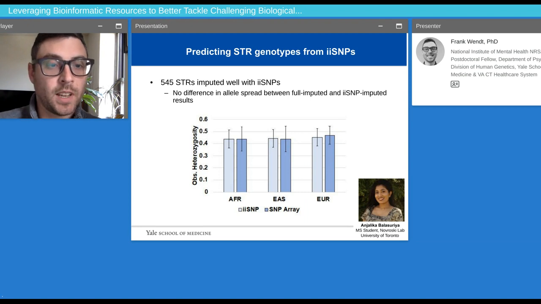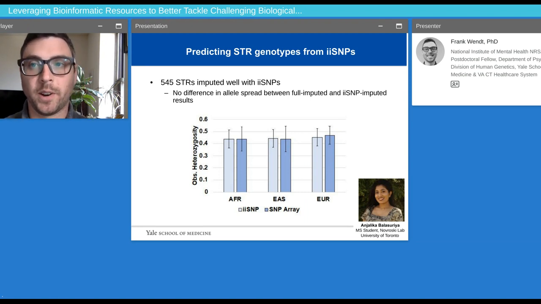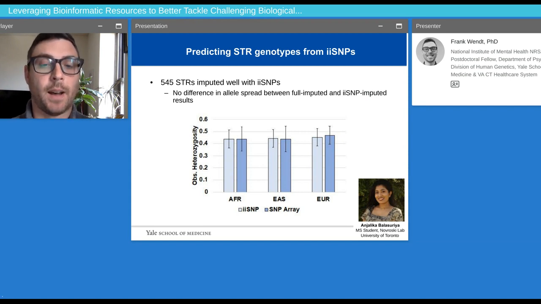What's more interesting is that we actually found 545 STRs that were well imputed using our 94 II SNPs. I'm showing here the heterozygosities of those STRs in three of our population groups using the II SNP and the SNP array information. Those are pretty similar, really nice overlap, and the allele spreads are actually perfect between the two of them.